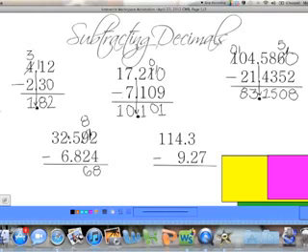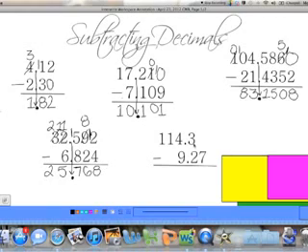Again, we can't do 5 minus 8, so we're going to have to borrow. This becomes a 15. 15 minus 8 is 7. Can't do 1 minus 6, so we're going to have to borrow again. And this is an 11 now. 11 minus 6 is 5. And lastly, 2 minus nothing is 2. Last step, bring down that decimal point, and our final answer becomes 25.768.